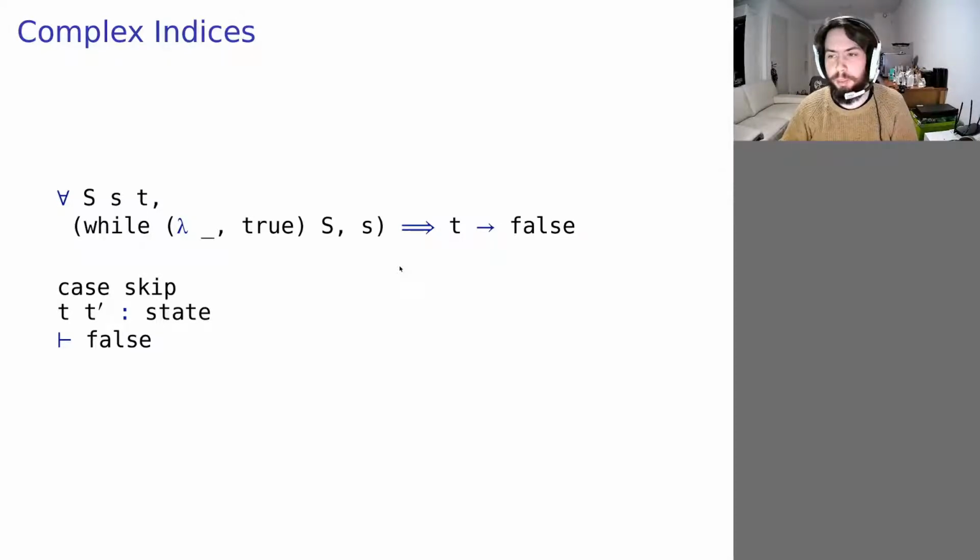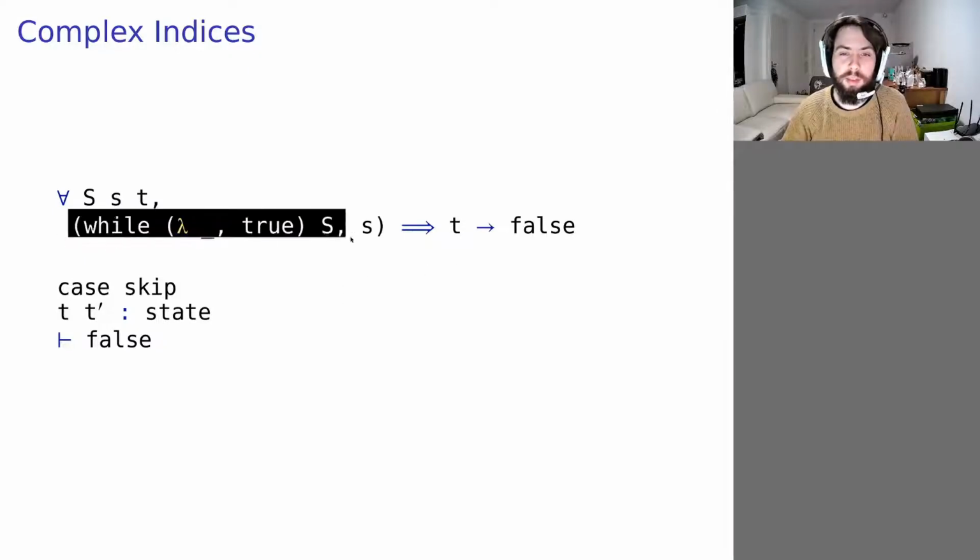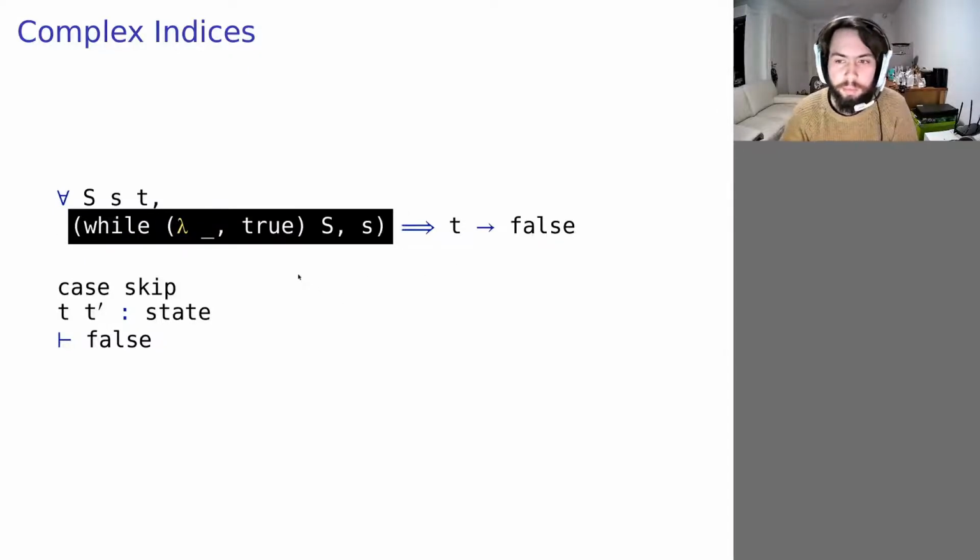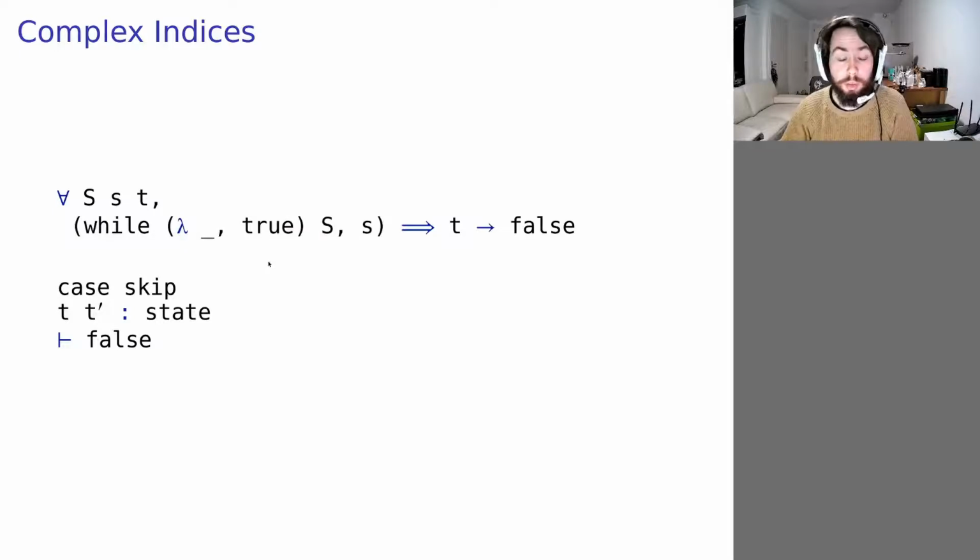See the paper for details, but essentially the dependent type theory makes a distinction between different kinds of arguments of inductive data types, and indices are one of these kinds. So here both arguments to the big step relation are indices, and this index here is complex, and so then we get into trouble.